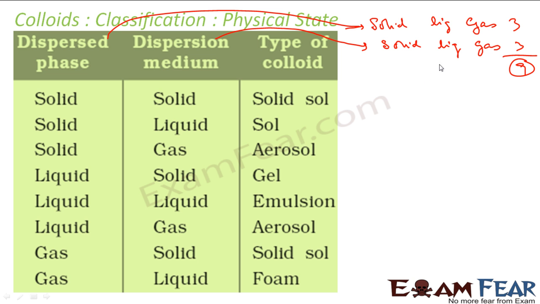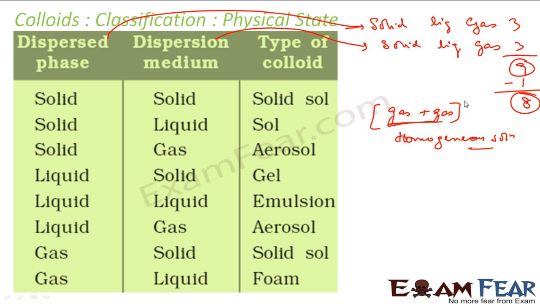But there is a catch here. When you mix gas with gas, if my gas is my colloidal particle and my gas is again my dispersion medium, they mix immediately. So gas in gas is not a colloid, because gas plus gas is always a homogeneous solution. So one is ignored, and there are 8 possible combinations.